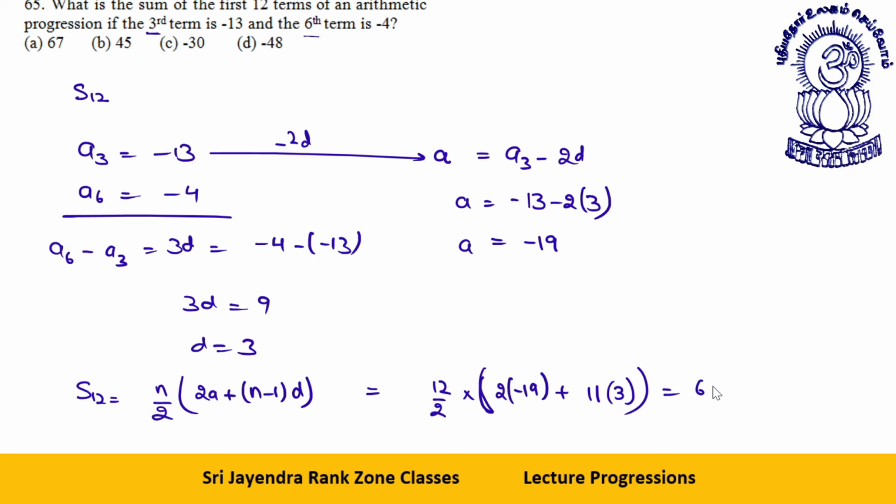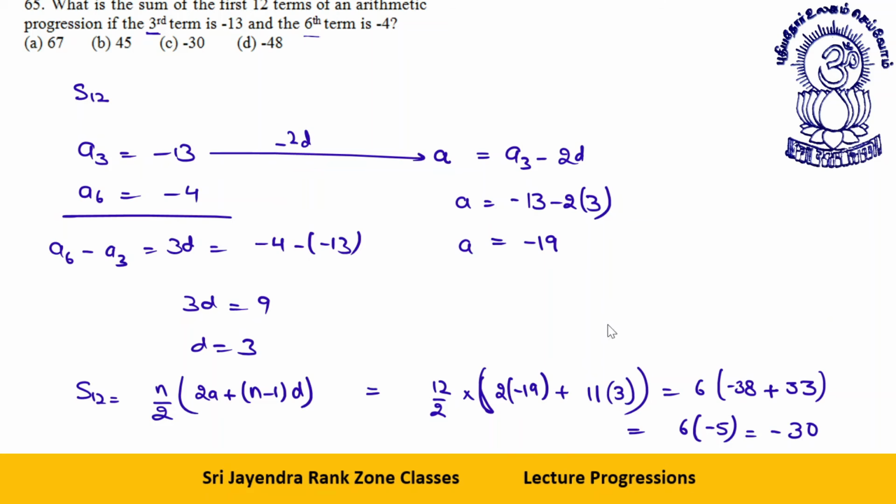So this is equal to 6, 12 by 2 is 6, into minus 38 plus 33. This gives you what?